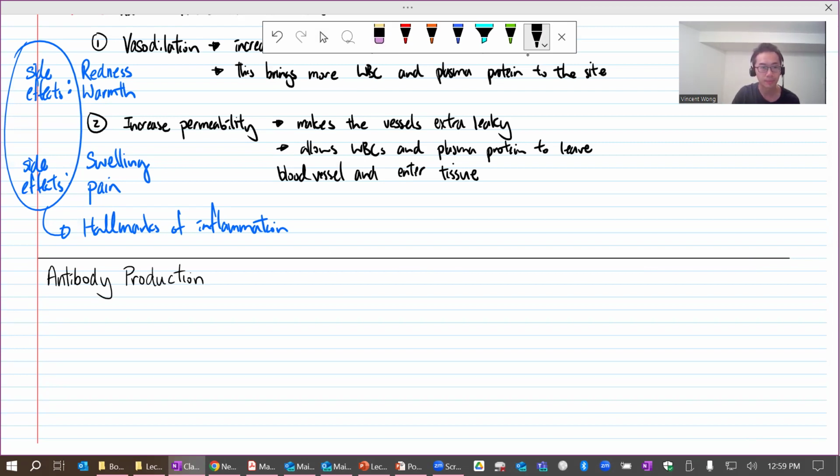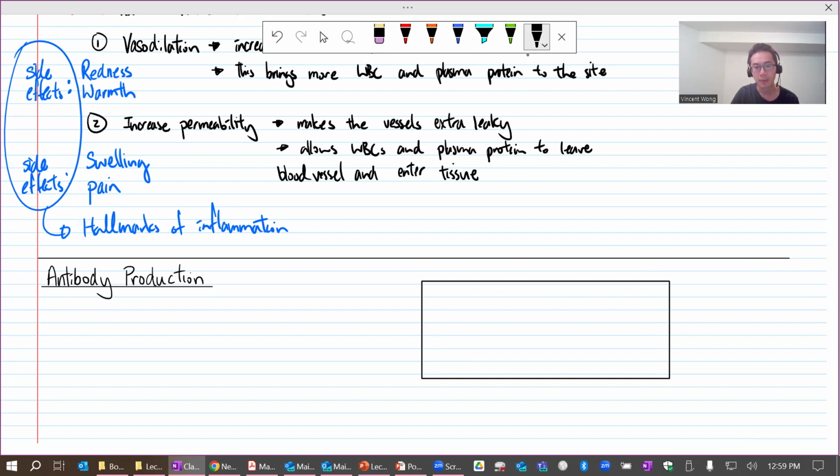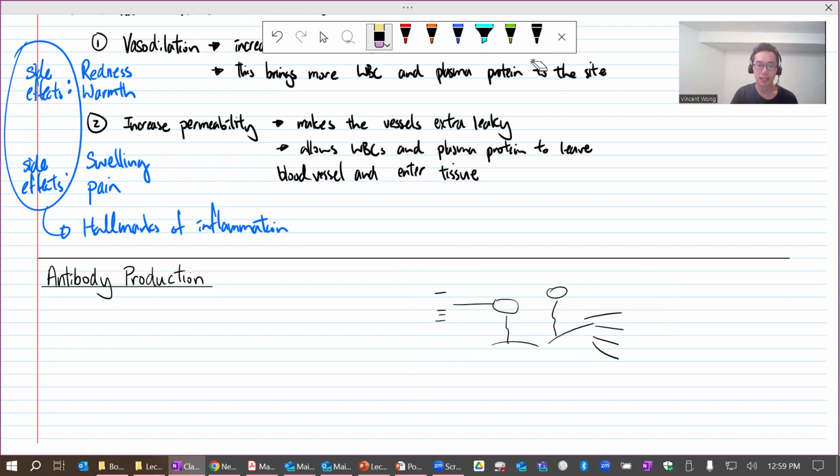Antibody production. Okay, just to give you an idea what's going to be happening in terms of space, I'm going to start here, and then I'm going to go over here, and then I'm going to go here, and then they will all be connected in the end, okay? So, just working my way from the left to the right.